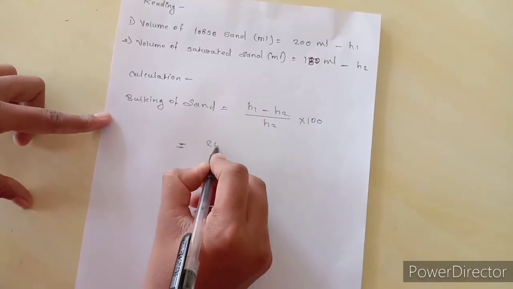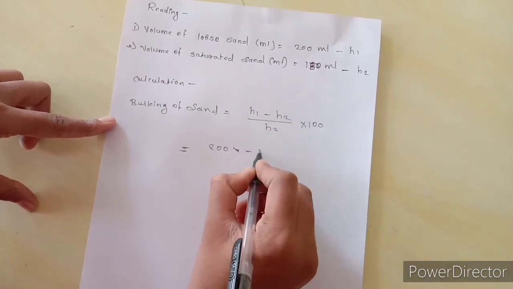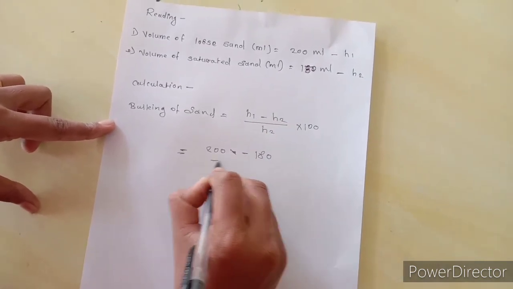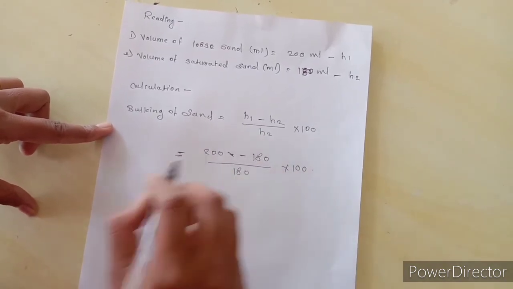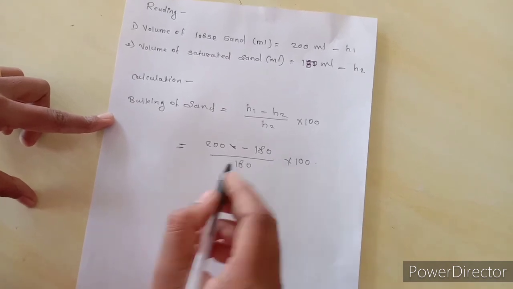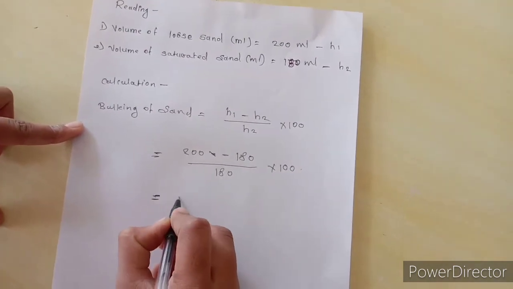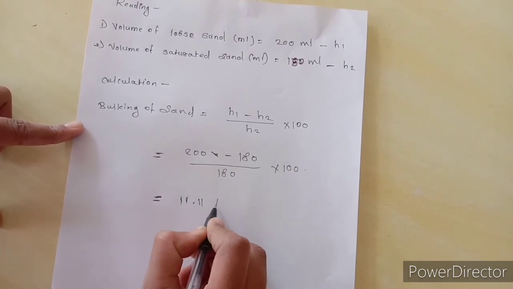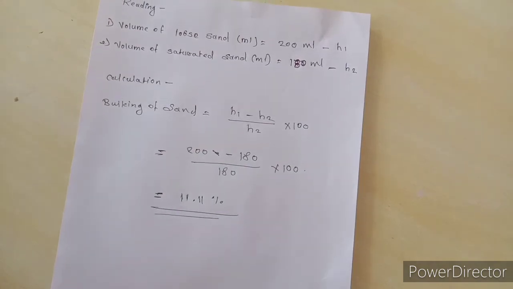H1 is 200 ml minus H2 is 180 ml, divided by 180, multiplied by 100. This 200 minus 180 divided by 180 multiplied by 100 gives 11.11%. This is our bulking of sand in percentage. Okay, thank you.